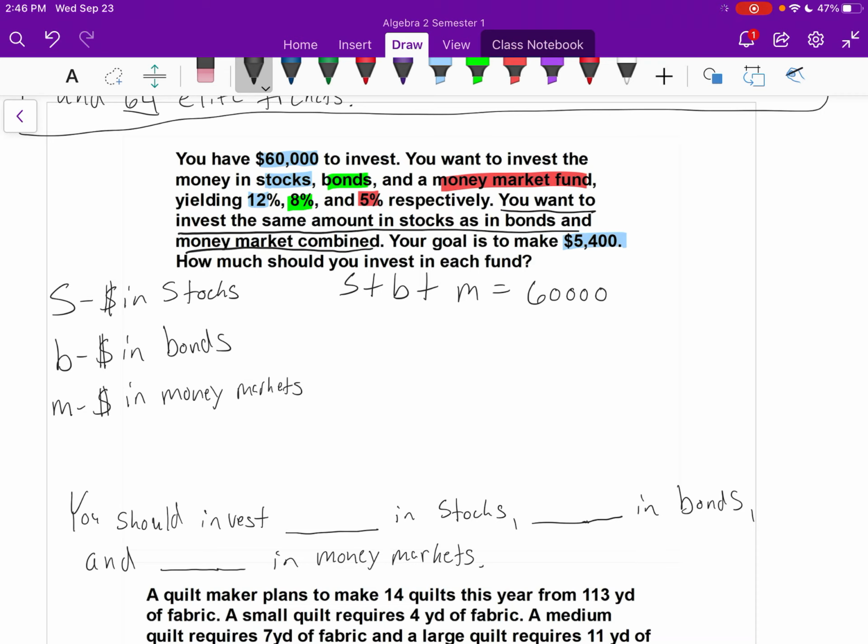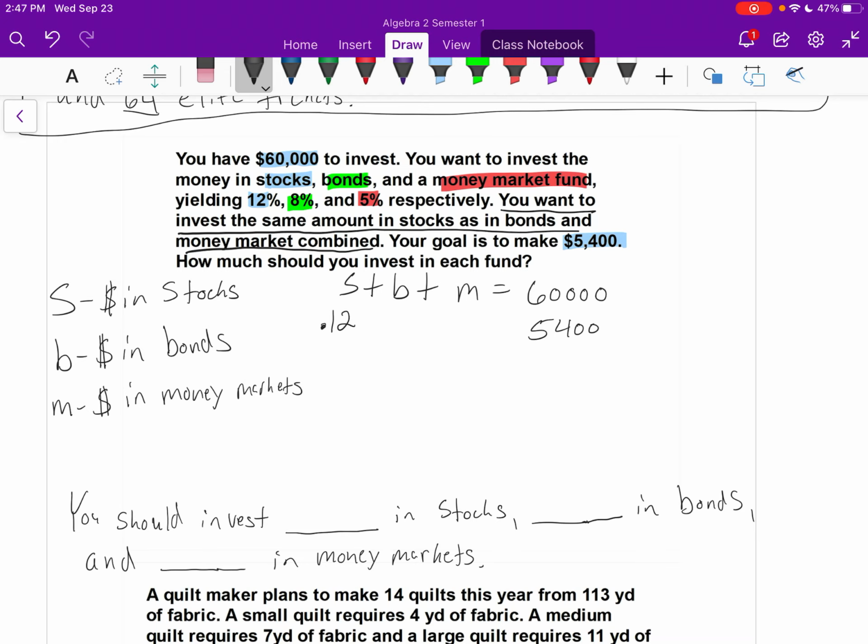Now, we want to make $5,400. On those stocks, we're making 12%. However much money we make from that is based off that 12%. Now, we write 12% as 0.12.